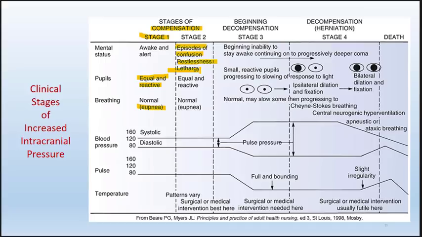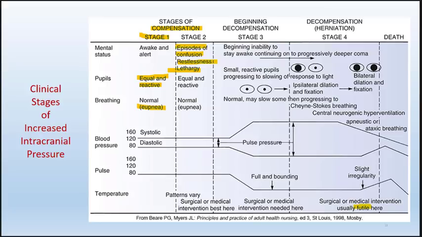But as we progress to stages 3 and 4, the clinical signs become life-threatening should medical intervention not take place. In stage 3, medical intervention may be sufficient for survival with varying outcomes. But in stage 4, interventions are usually futile, meaning that they're really incapable of producing any useful results. And there's that term futile here.